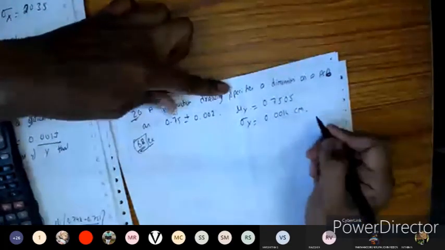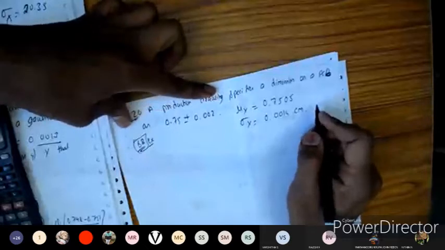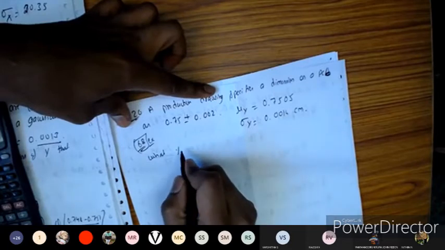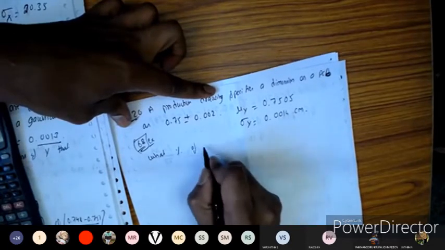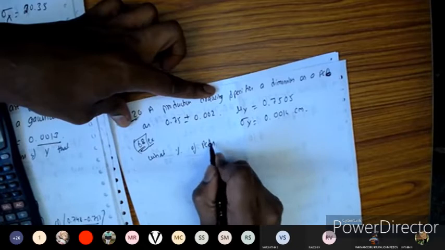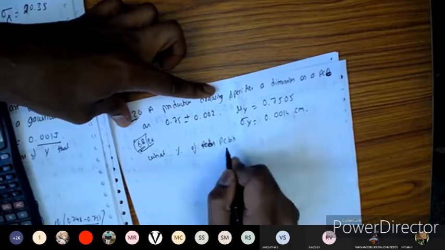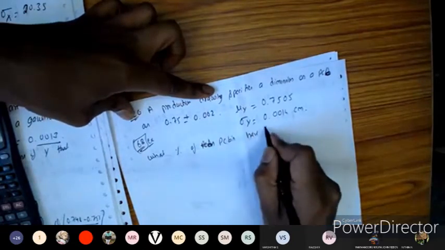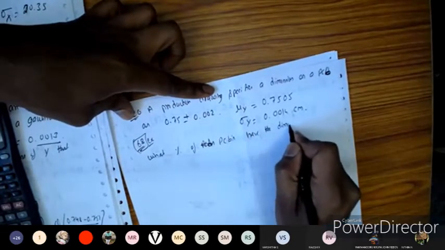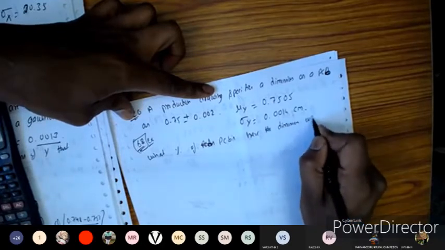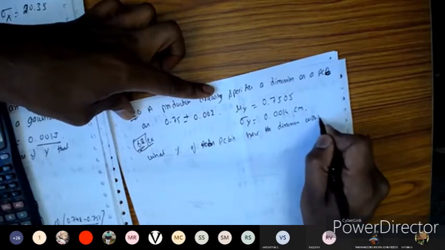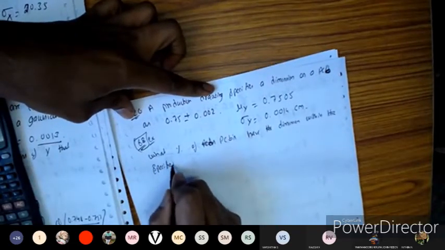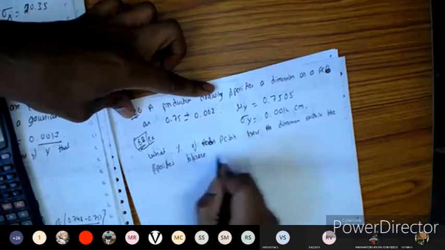So the question: what percentage of PCBs have the dimension within the specified tolerance limits?